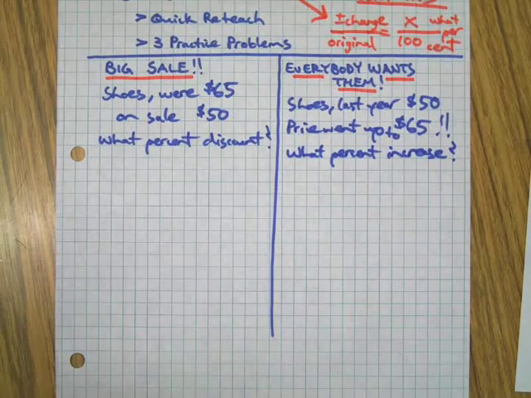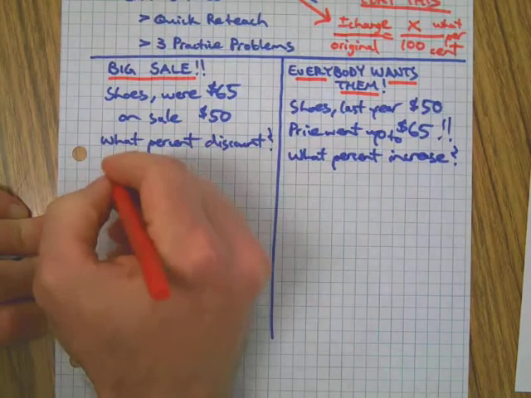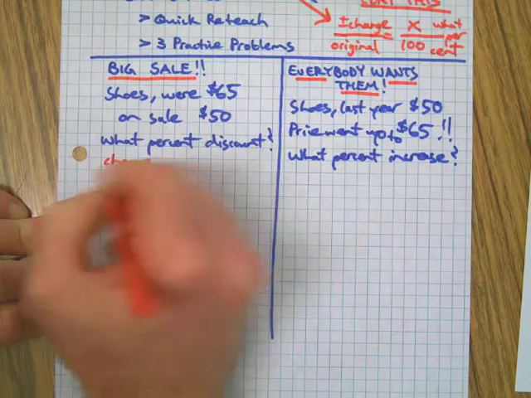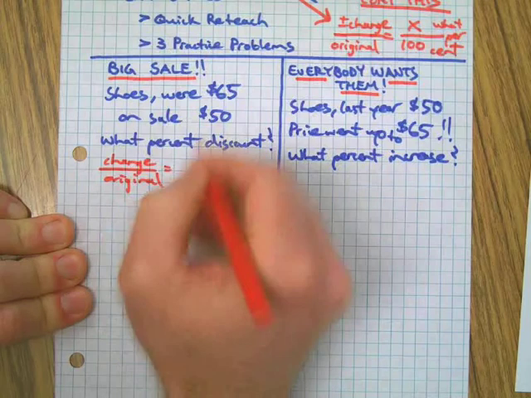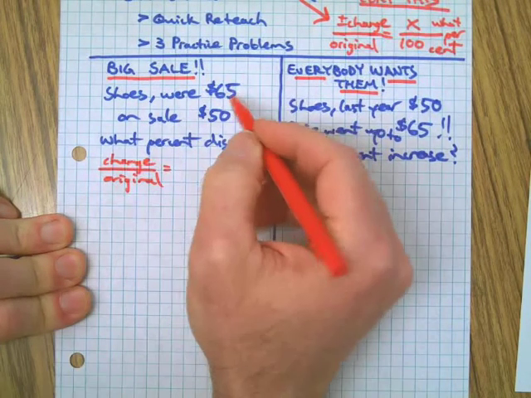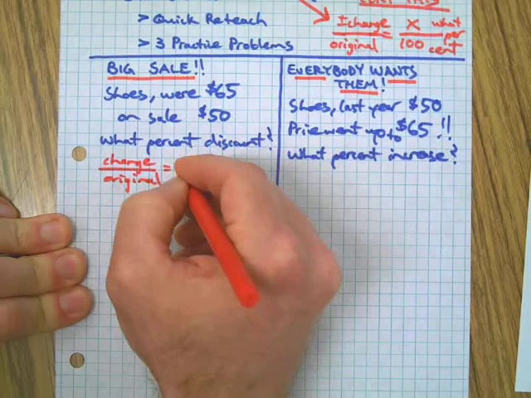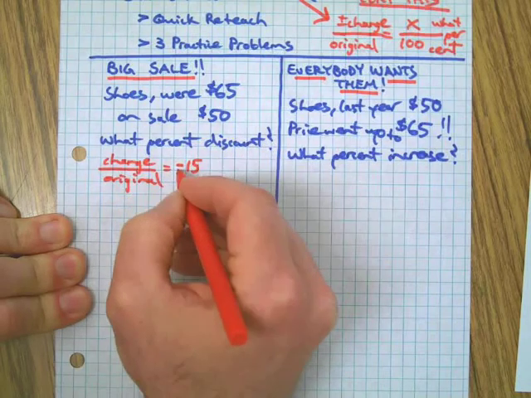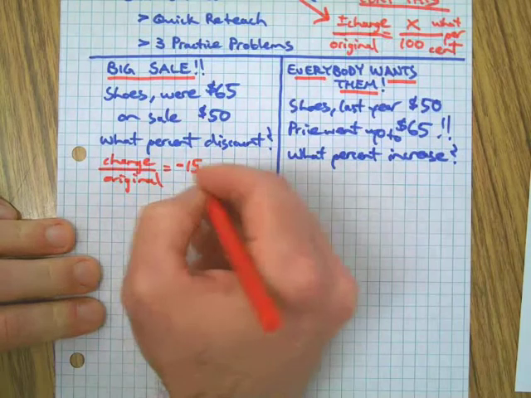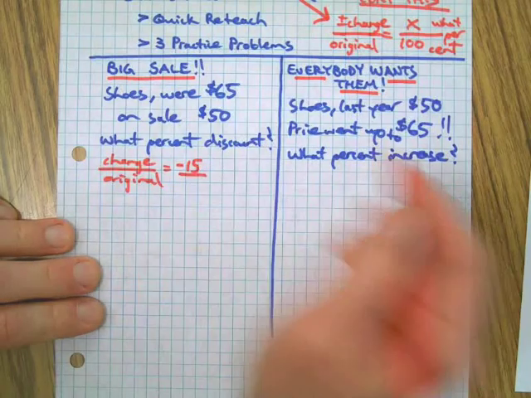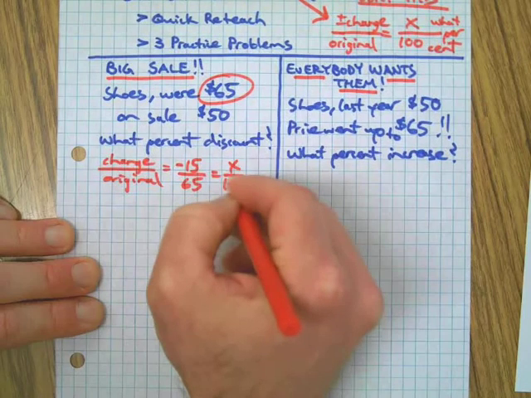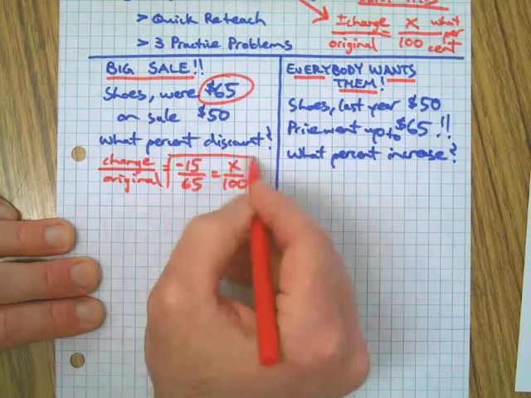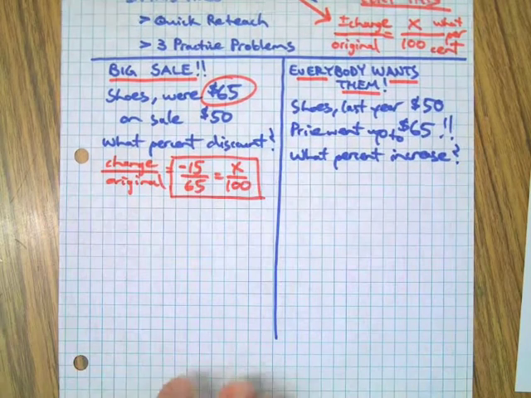Okay, so here's how we do this problem. We put the change over the original, which means they were 65, now they're 50, so they went down $15. The negative sign helps us remember they went down. What was the original? 65. And then we make that a proportion as a percent.